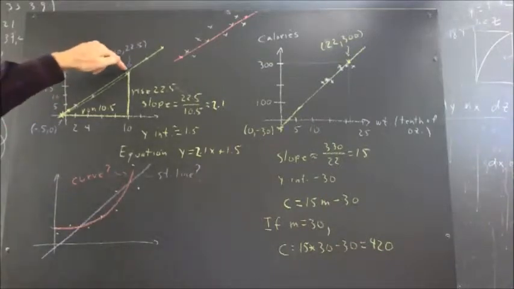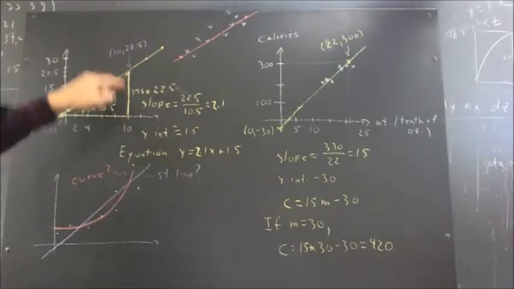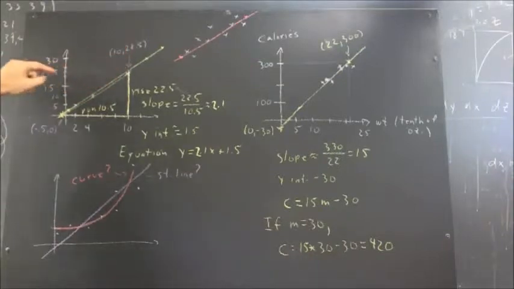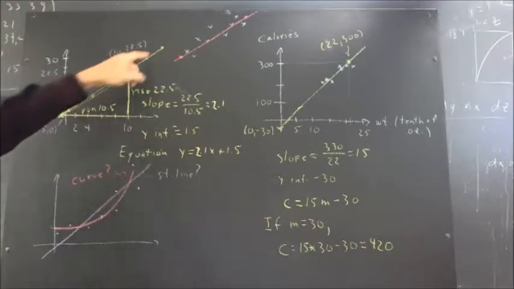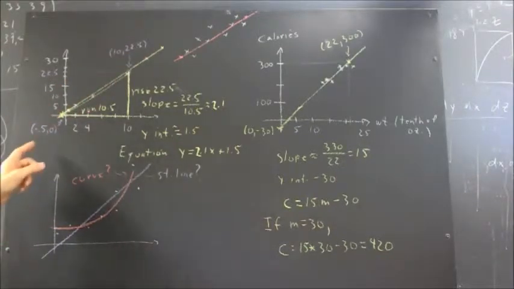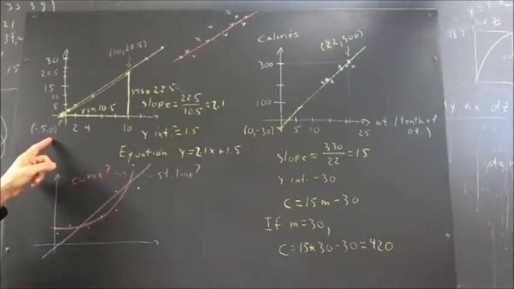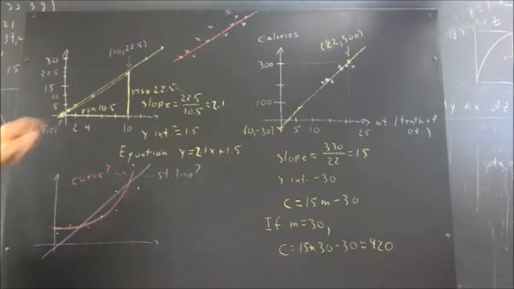I estimate this point, when x equals 10, to have a y-coordinate of about 22.5. I extended the line till it hit the x-axis, so I took the point (-5, 0), which is where we estimated the line hit the x-axis.